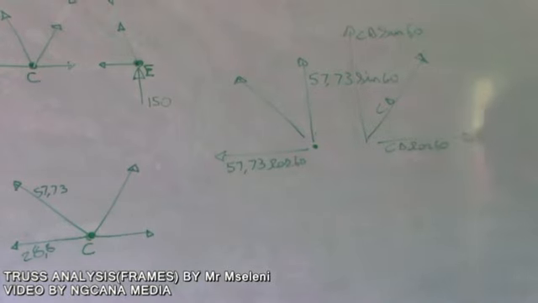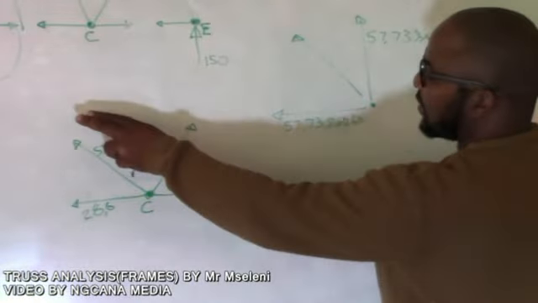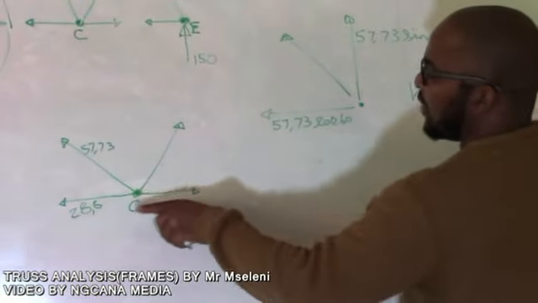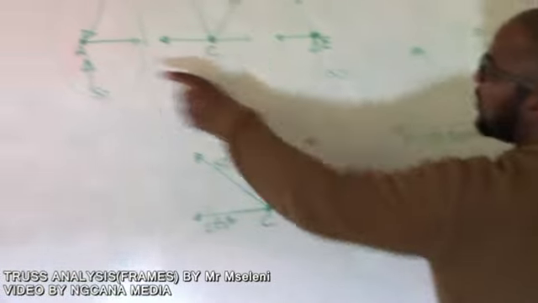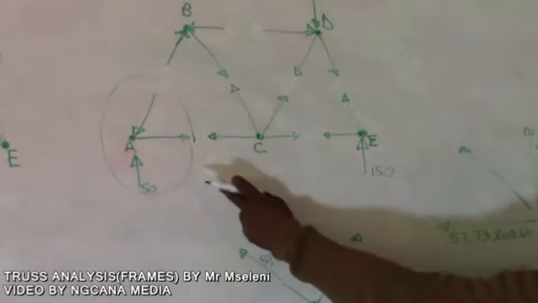If you check here, you've got the components of these members, and you've also got the member going that side, AB, which was under tension.